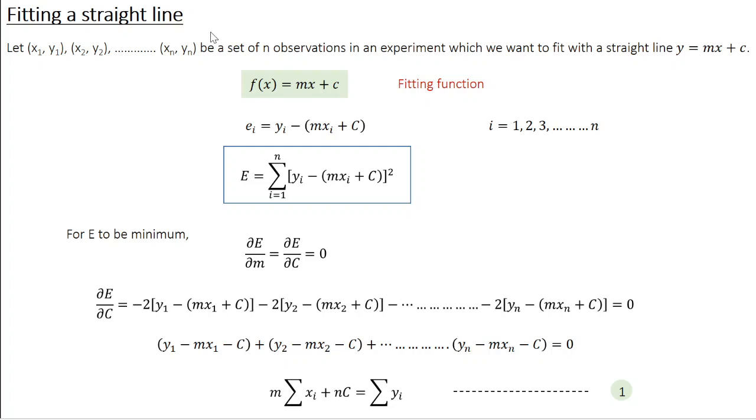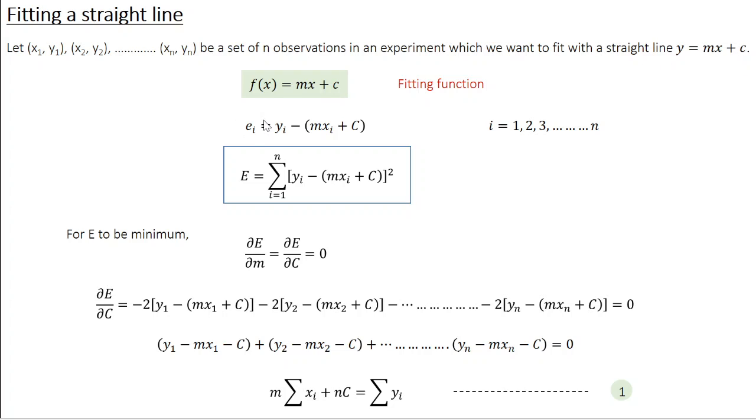So once again, you have n data points x1, y1, x2, y2, all the way to xn, yn. These data points you obtain by performing a physical experiment. Now you want to fit this data with a straight line. You know the general equation of a straight line, y equal to mx plus c.